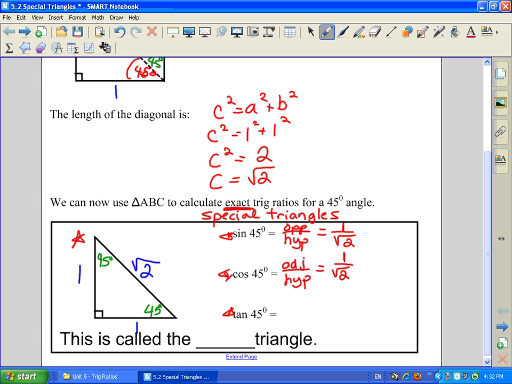Doing the tangent, folks, that's the opposite over the adjacent, which in this case is 1 over 1, which equals 1. This is a special triangle because the sine and the cosine of 45 degrees are equal. And we call this a special 1, 1, root 2 triangle.